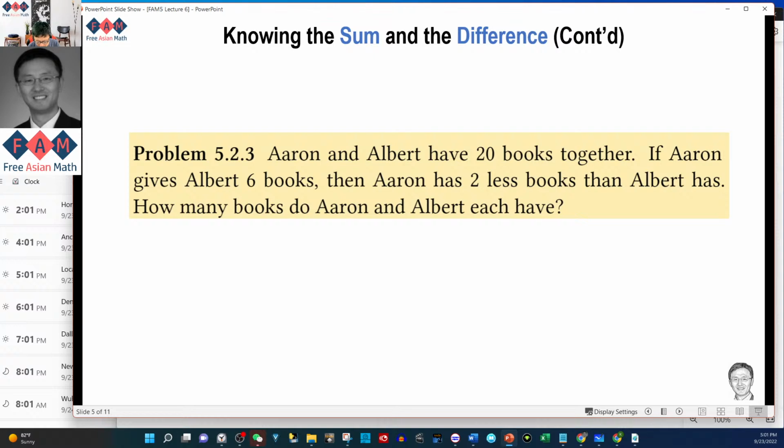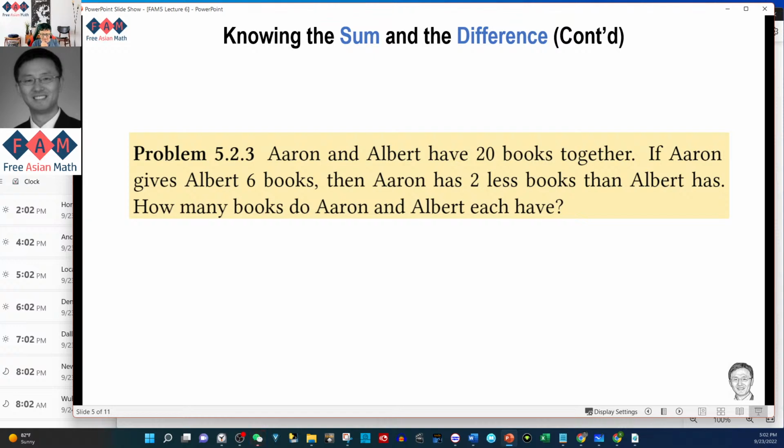But the problem did not tell us the difference between the two, right? Instead, it says if Aaron gives Albert 6 books, with this hypothesis, then Aaron has 2 less books than Albert has. What is the actual difference between the two?